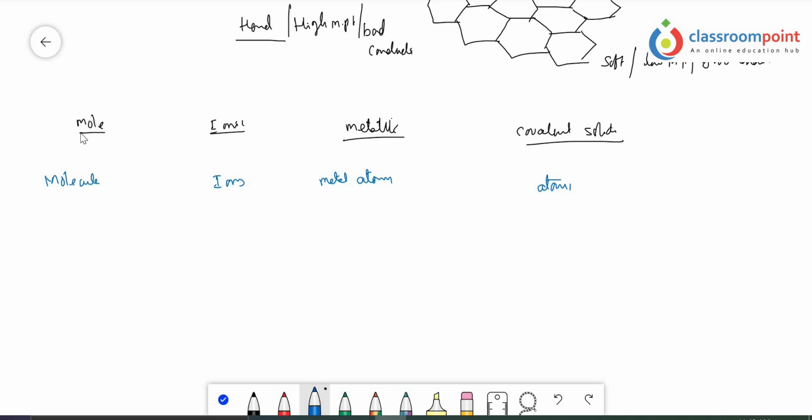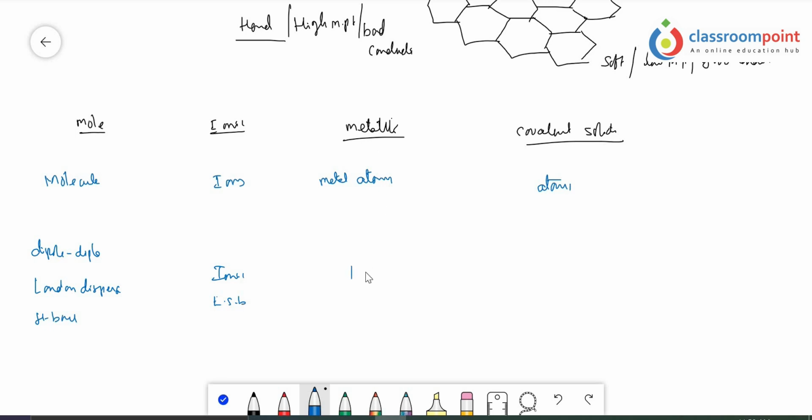In molecular solids, what types of attraction forces are present? They may be dipole-dipole forces, London dispersion forces, which are also called van der Waals forces, or hydrogen bond attraction forces. In ionic solids, the ionic bond is present, also called the electrostatic bond.